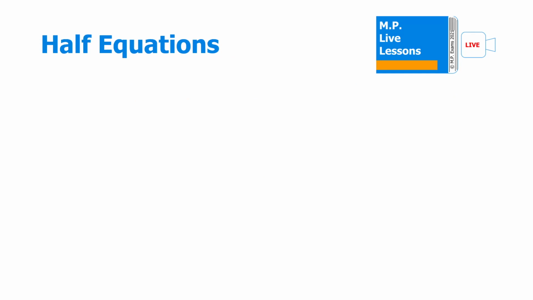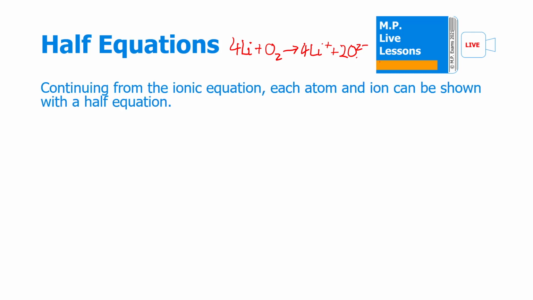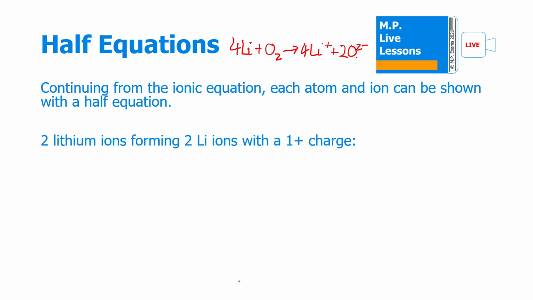Now, continuing with the ionic equation, which was this. We can see what's happening to each element, just a bit like the exam question. So we saw that the lithium atom lost an electron, like this.